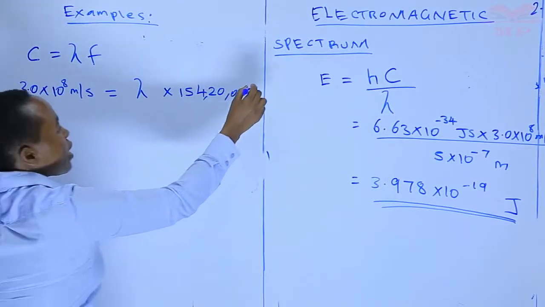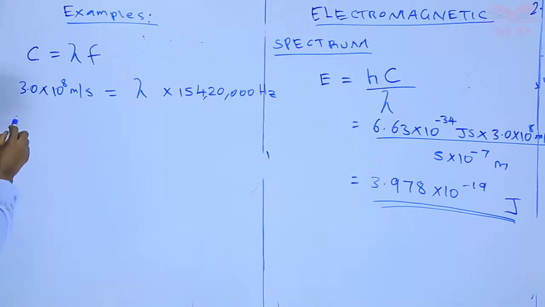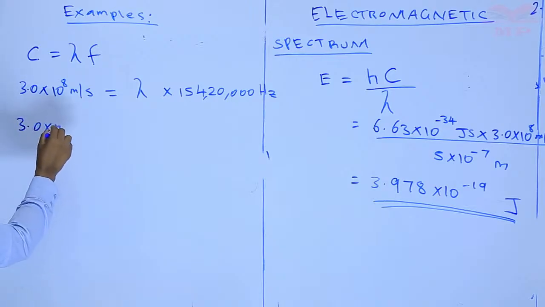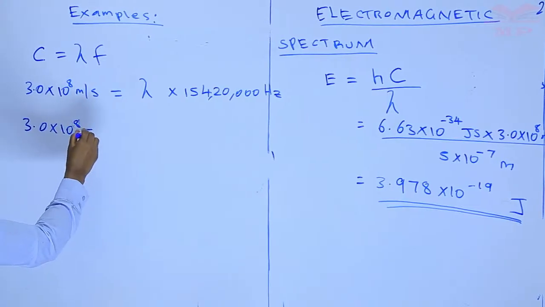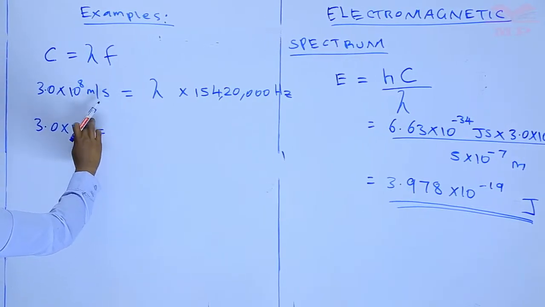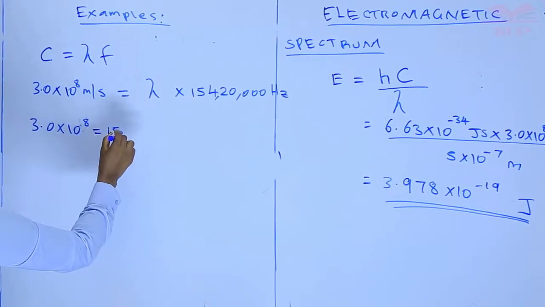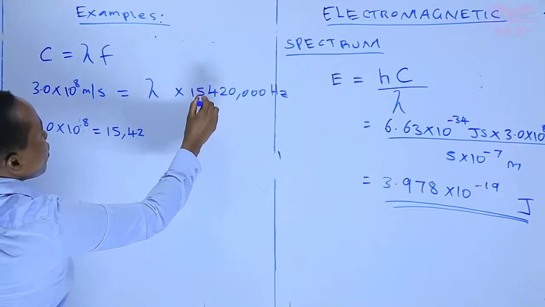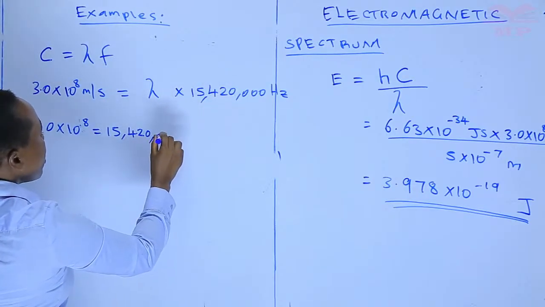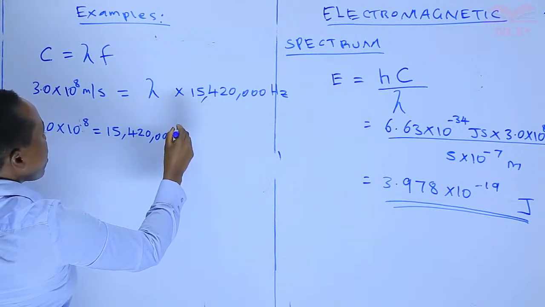So we want to get the value of lambda, which is the wavelength. So we have 3.0 times 10 power 8 being equal to 15,420,000 multiplied by lambda.